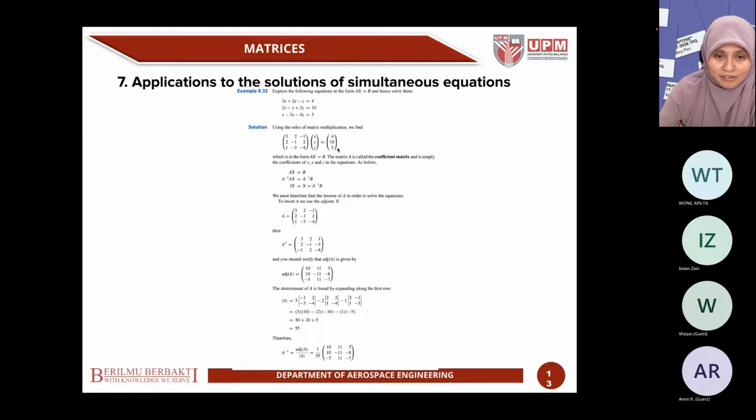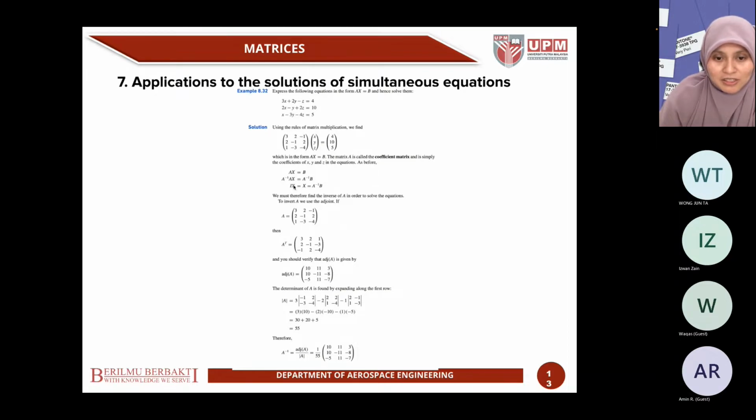So you can rewrite the linear algebra equations in terms of matrices like this. You have A, matrix X, and matrix B. The rule is AX equals B. If we multiply by the inverse of the matrix on the left and right hand side, this part will become the identity matrix.